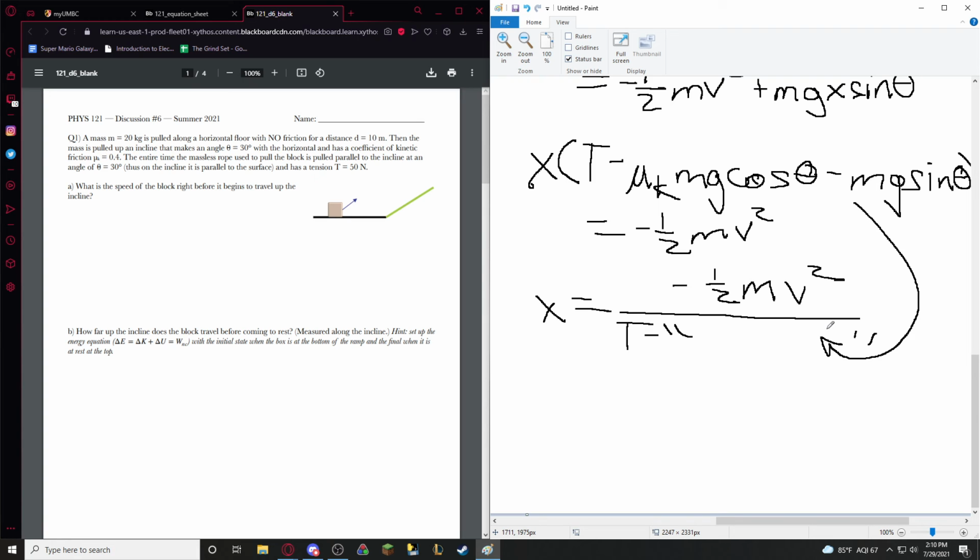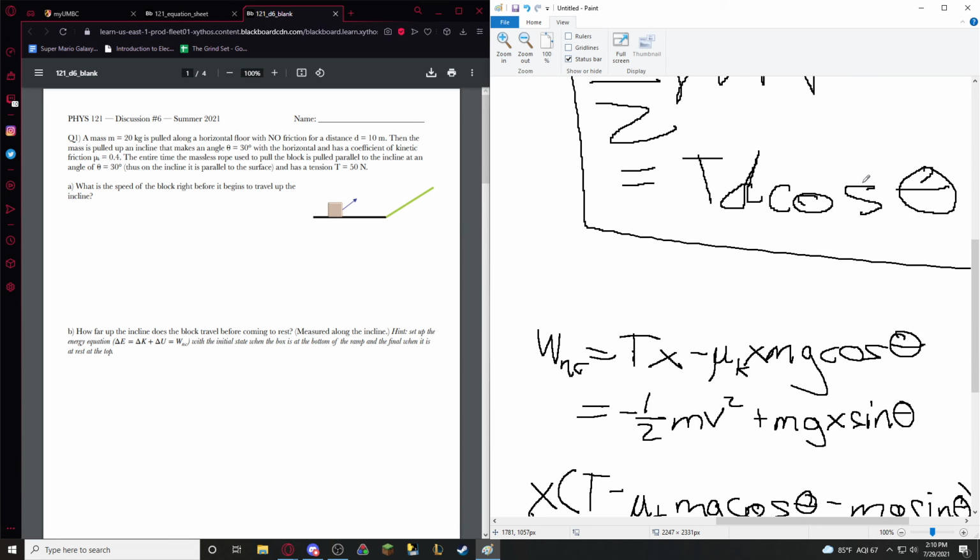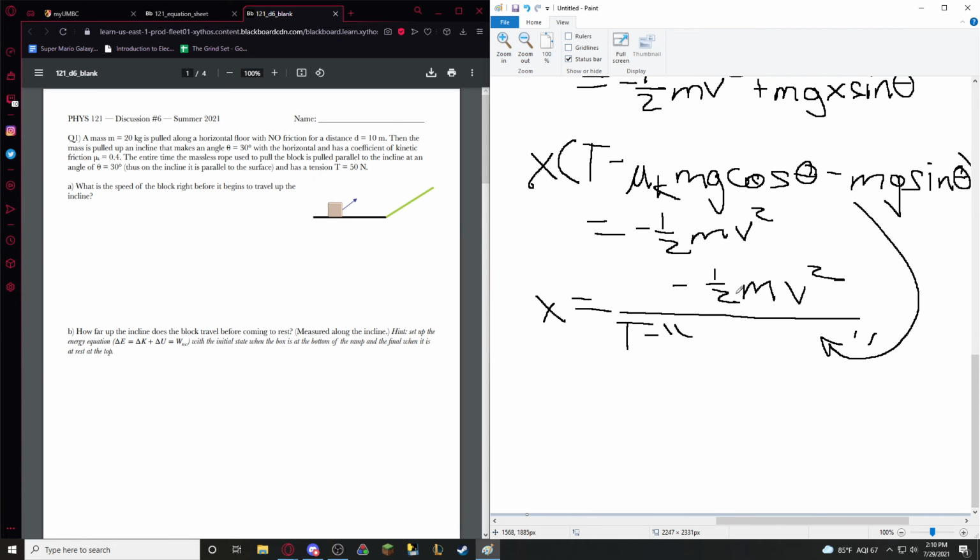Because we know the mass, we know the velocity from the first part, we know the tension, we know mu k, mass, and we know theta. We could plug in and solve with numbers, but like I said earlier, the main brunt of the work has been done. Any monkey can plug stuff into a calculator at the end.